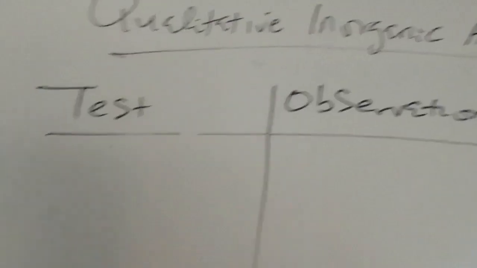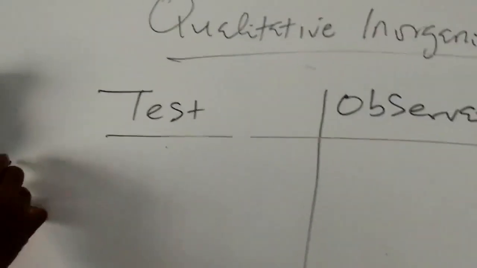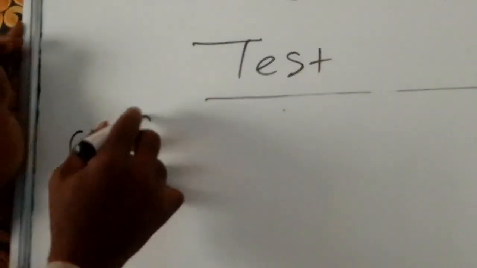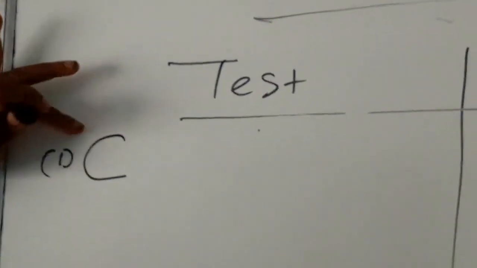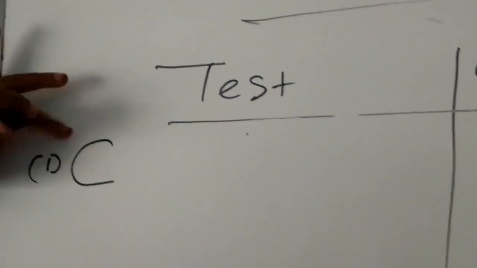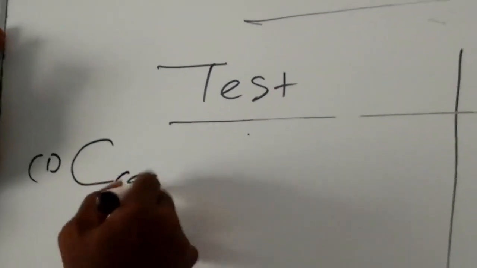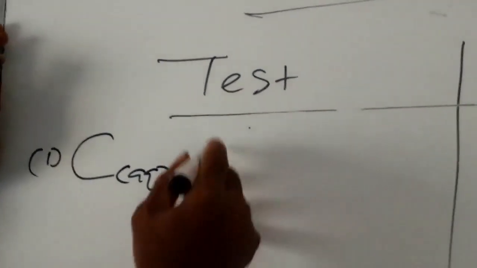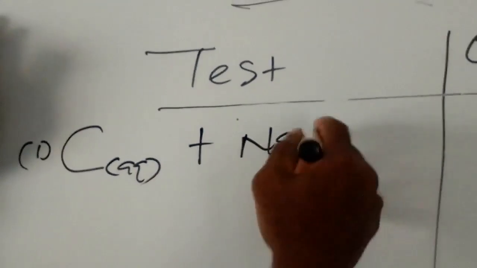Okay, assuming we have an unknown sample of a substance, and let that substance be called C. This represents our unknown salt. You can use any letter to represent it in our aqueous state. And we are trying to add sodium hydroxide to that C. So this is the way we report our work.